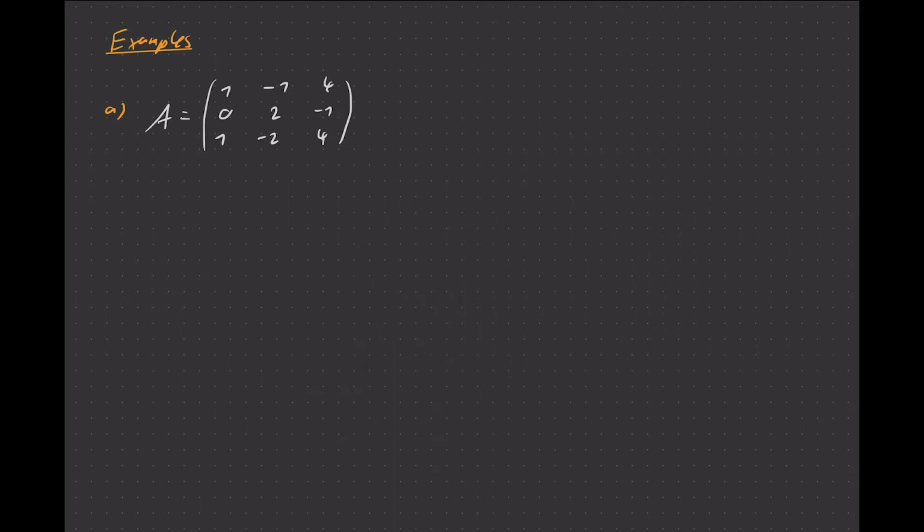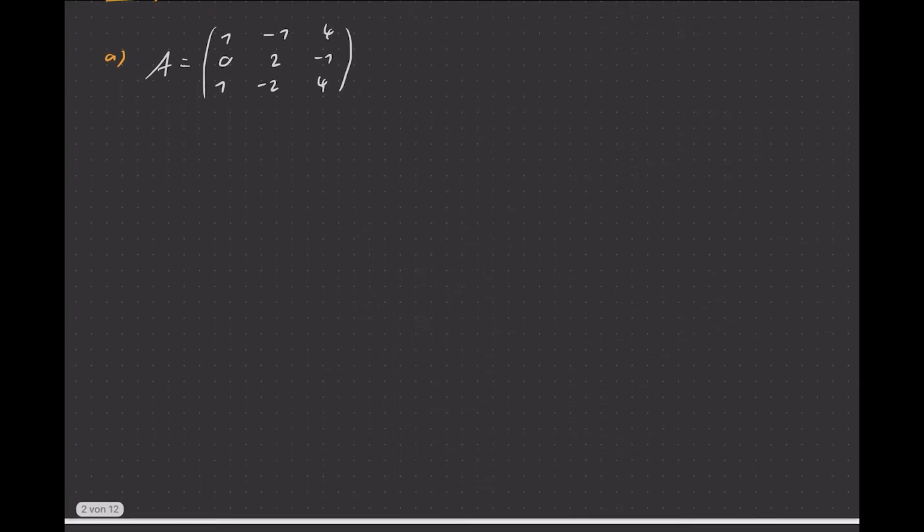And what we are going to do is employ the procedure that we have seen in one of the previous videos. And that works by writing this matrix here as the left-hand side of a tableau, like this. So here we have that matrix.